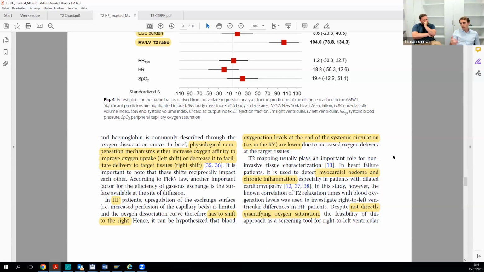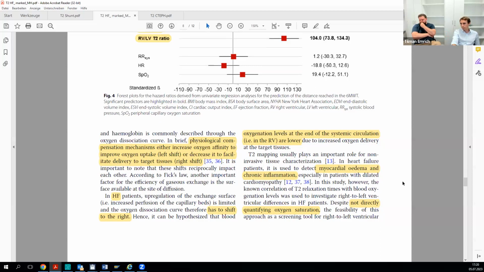So because we can't shift to the left very easily, it has to shift to the right for heart failure patients. So they take more oxygen in the periphery, and therefore at the end of the systemic circulation we'll have a higher desaturation of the blood. And that is basically what we see, and that is why it's darker, or obviously the ratio is lower.